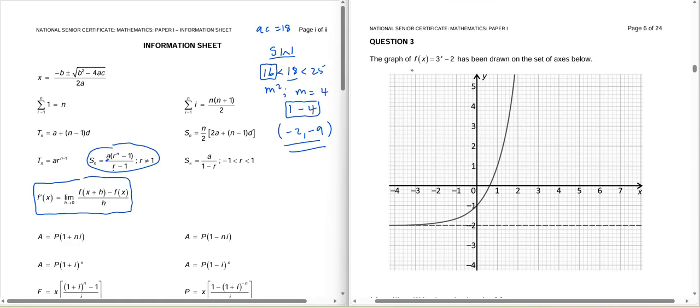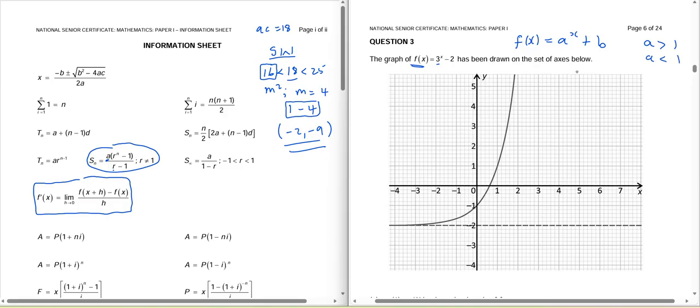And then let's get to this one. For this kind of graph, whenever you have a graph of the form f of x equals a to the power of x plus b, the structure of the graph is determined by whether a is greater than 1 or less than 1.